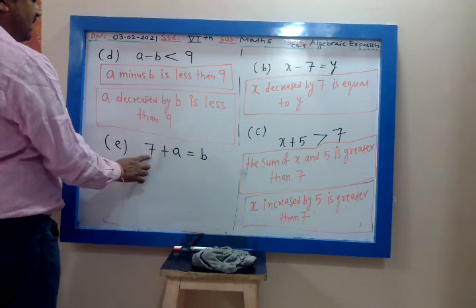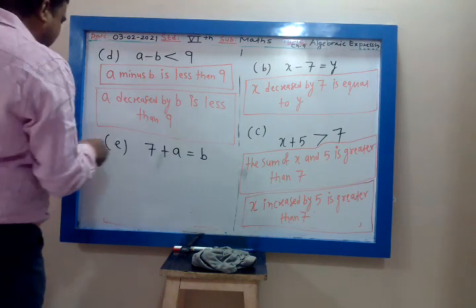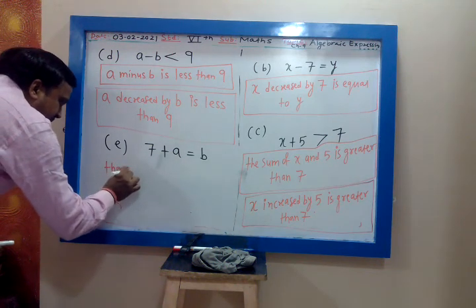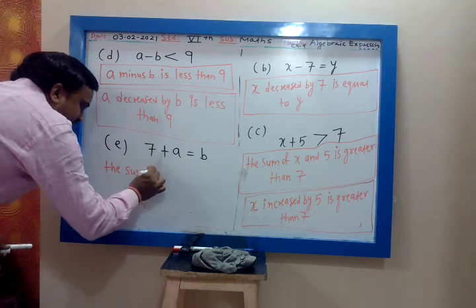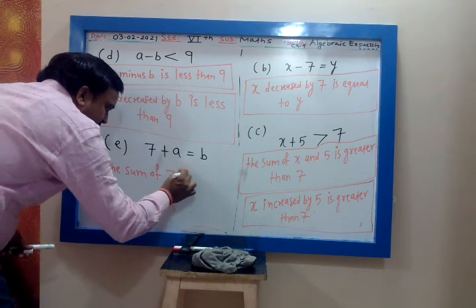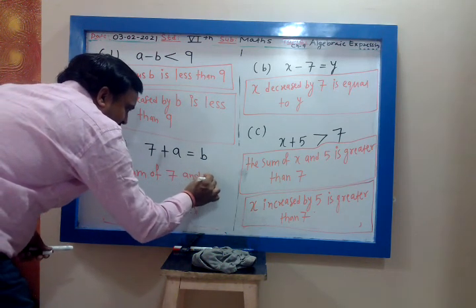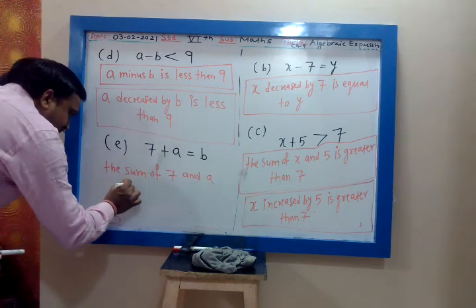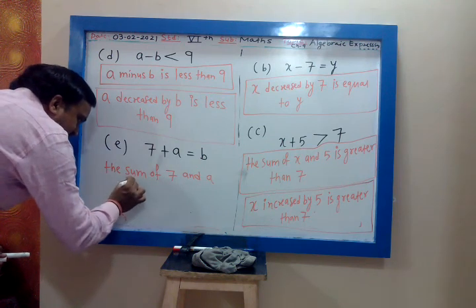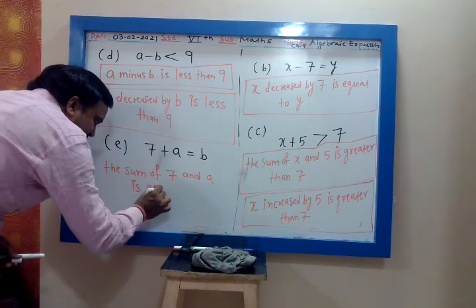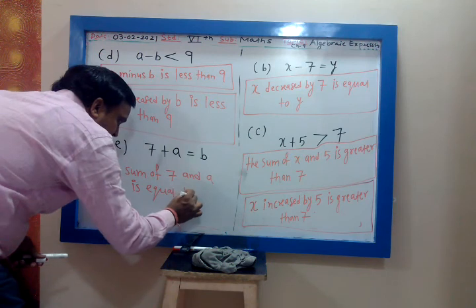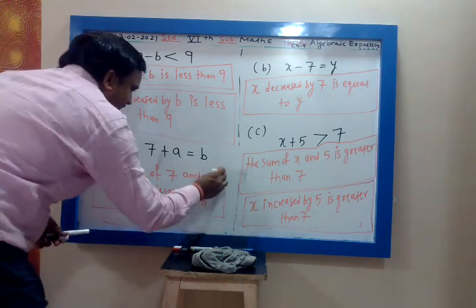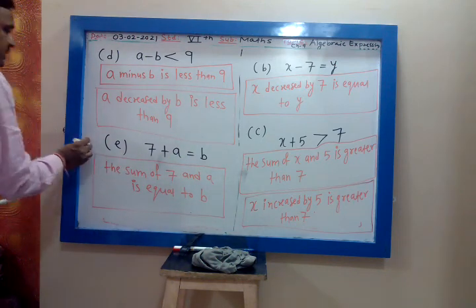The sum of 7 and a is equal to b. 7 plus a means the sum of 7 and a. Equality means is equal to b. This is the answer. The sum of 7 and a is equal to b.